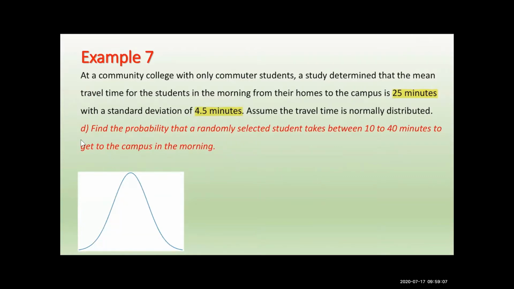Now part D of the same question, we still have to find the probability that randomly selected students take between 10 to 40 minutes to get to the campus in the morning. You know that your mean is here in the middle, which is 25 minutes. 10 minutes should be somewhere here, and 40 minutes somewhere here.